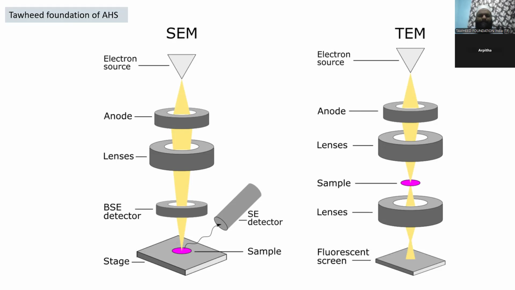Because of its great depth of focus, a scanning electron microscope is the analog of a stereo light microscope. It provides detailed images of the surface of cells and whole organisms. Scanning electron microscope is used to detect abnormal structures in cells and organisms.